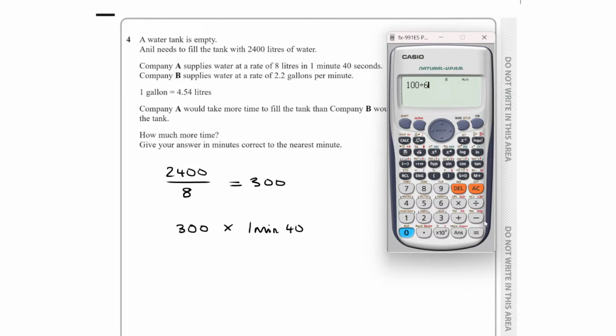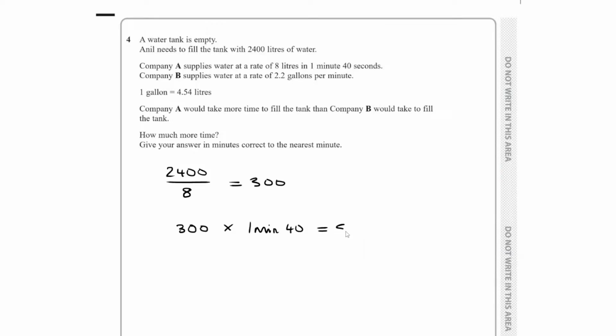You could divide that by 60, or you could divide 40 by 60 and add the 1. So we've got either 5/3 or 1 2/3. That's how many minutes it is, isn't it? And then times that by 300. So I got 500 minutes. So Company A would take 500 minutes. That's what I got.